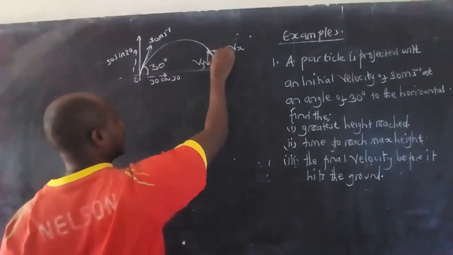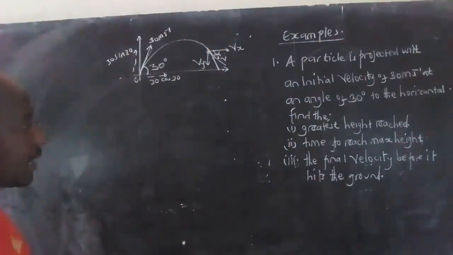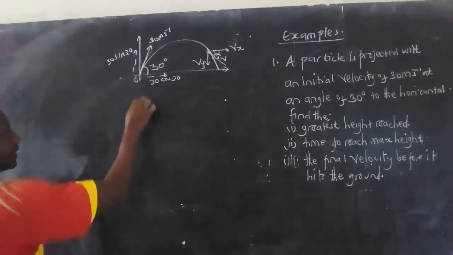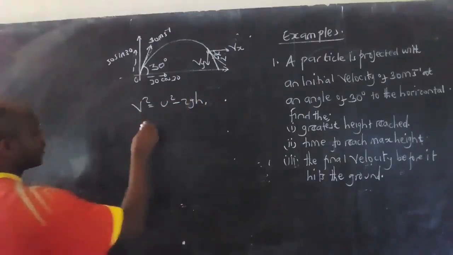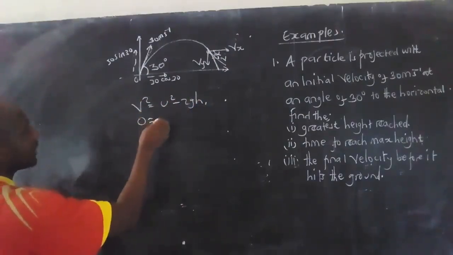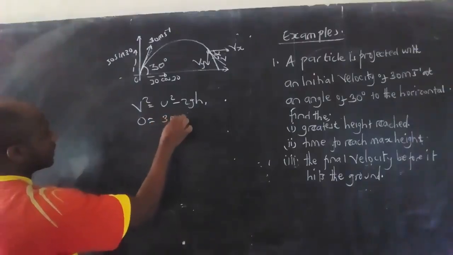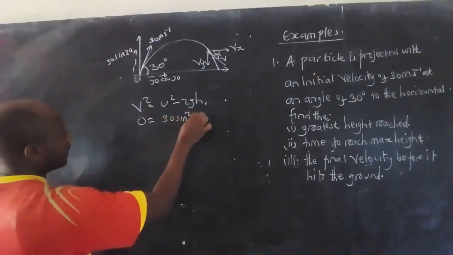So part 1, find the greatest height reached. Of course, you can either go through the steps or use the formula. So you can say v squared is equal to u squared minus 2gh. So 0 is equal to u squared, that is, 30 sin squared 30.